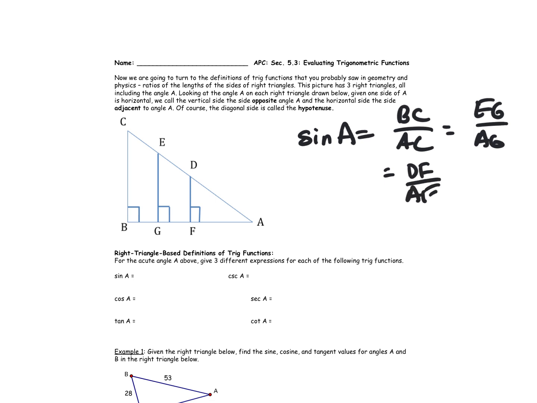And if we look at these three triangles that are embedded in each other, they're similar triangles. And so it makes sense that the sine of that particular angle could be equal to all those ratios. In similar triangles, the ratios of the corresponding sides are the same.